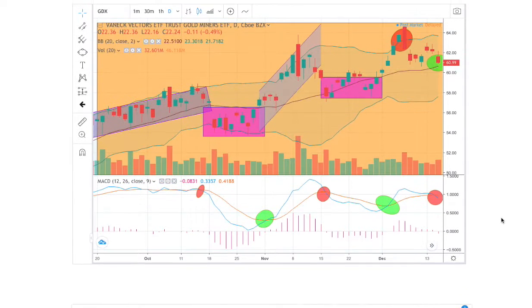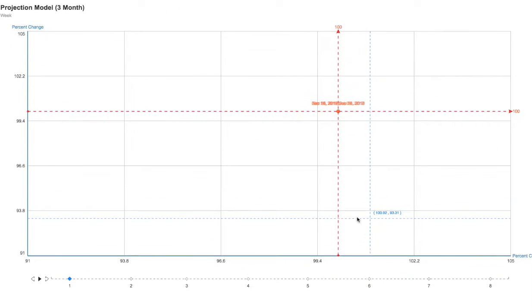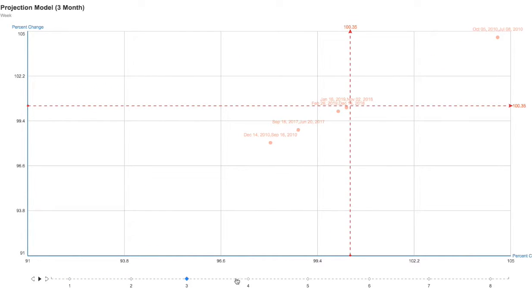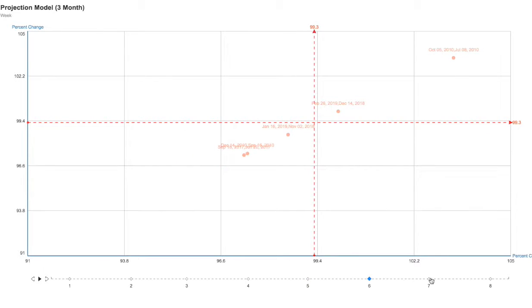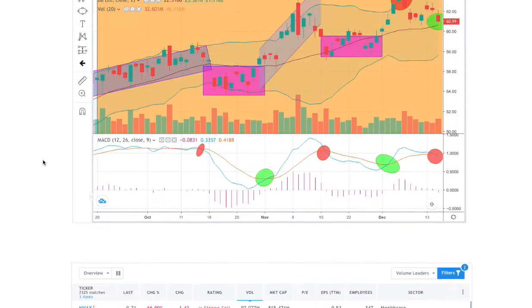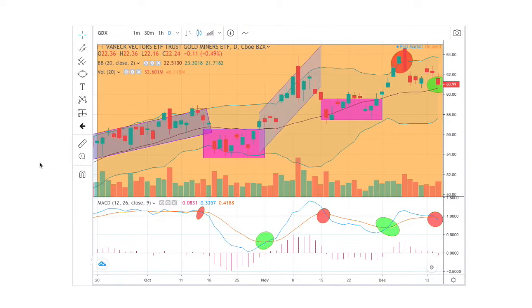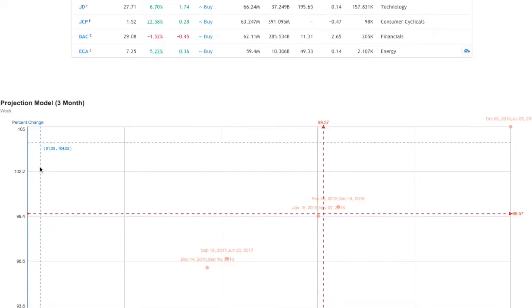So let's see where GDX will head to in the next coming days. This is my projection model. This is currently day 0, day 1, day 2, day 3, day 4, day 5, day 6, and day 7. The trend that we just took a look at, this is December 14th to September 16th, 2010.